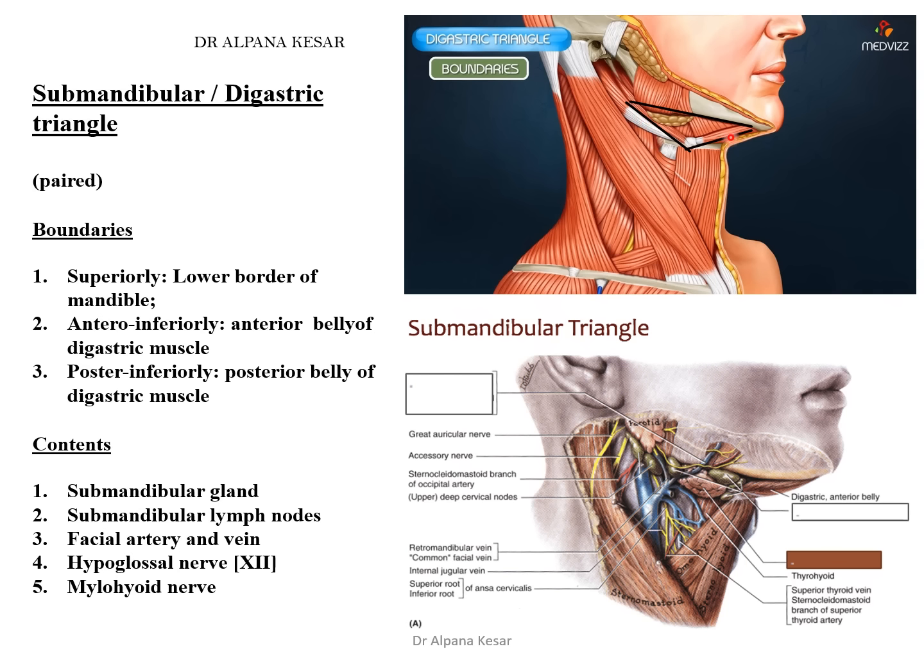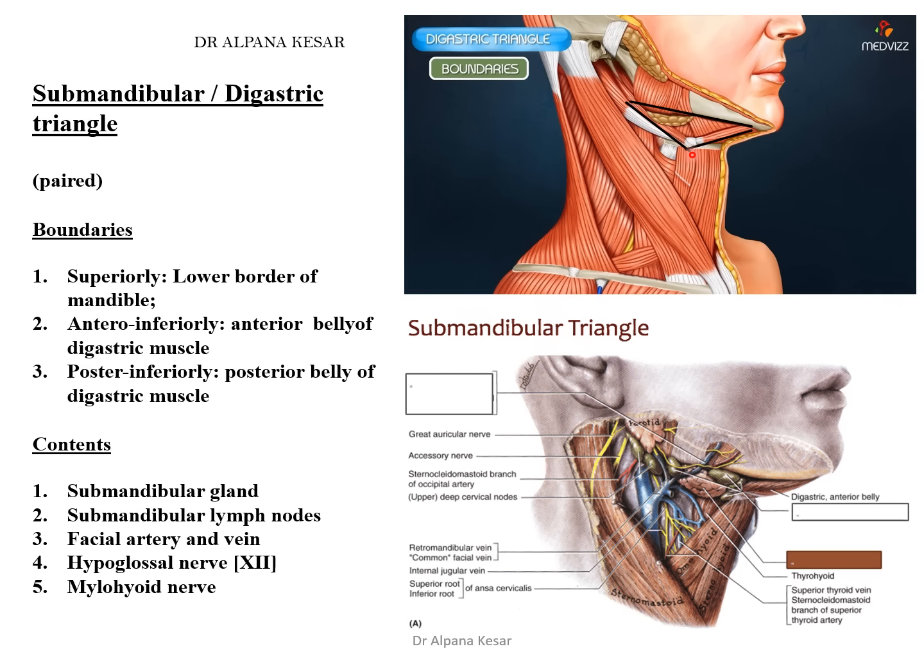This is its anteroinferior boundary and this is its posterior boundary. Its superior boundary is formed by the lower border of mandible. Anteroinferior boundary is formed by the anterior belly of digastric and the posterior boundary is formed by the posterior belly of digastric.